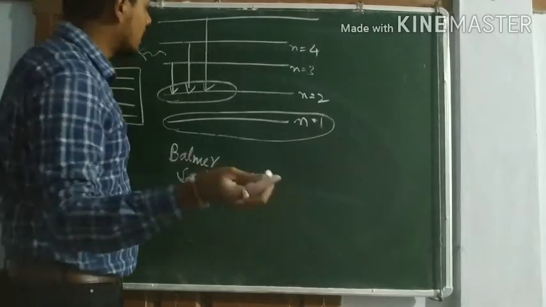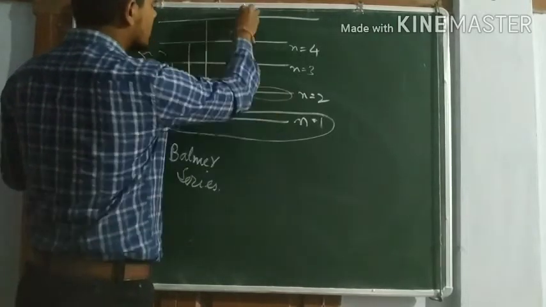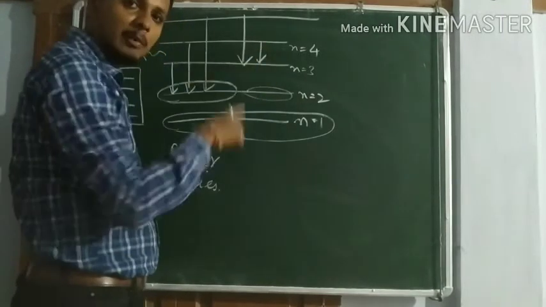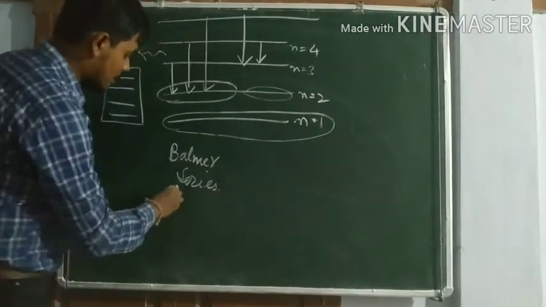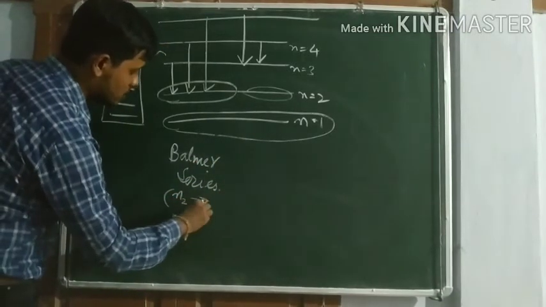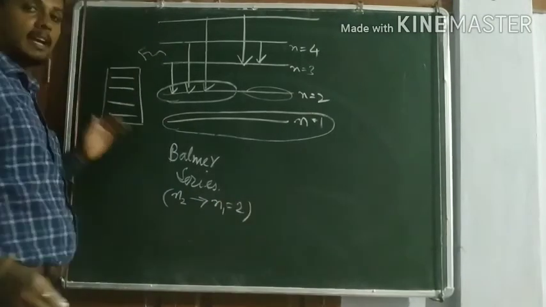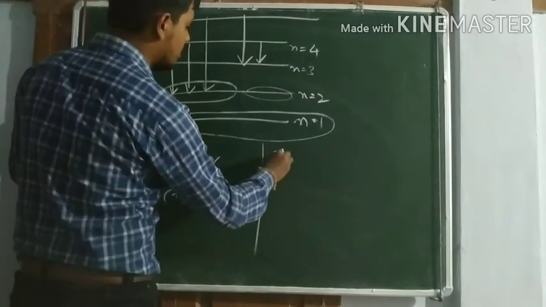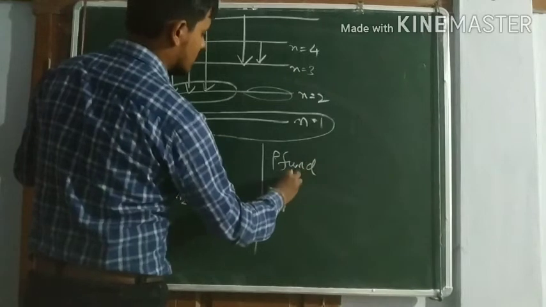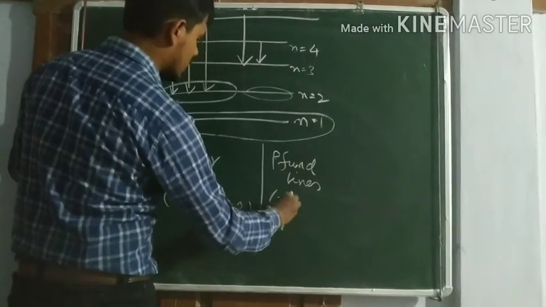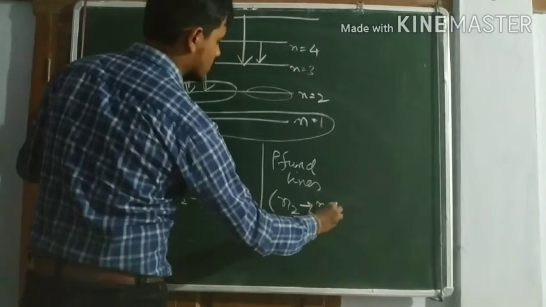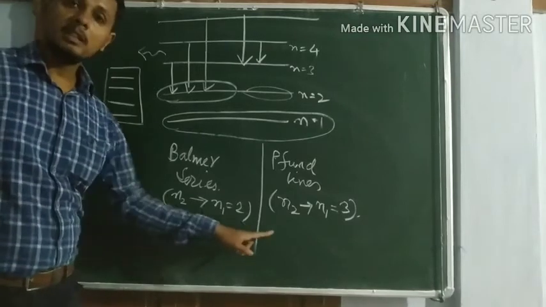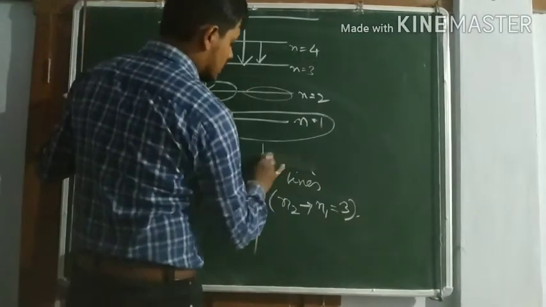Similarly, if electrons, instead of coming to the 2 state, come to the n equals 3 state, from 5 to 3, 4 to 3, 6 to 3, 7 to 3, in that case, for Balmer series n1 equals 2, from higher energy states to n equals 2. When we consider 3 as the lower level, then we get Paschen lines.